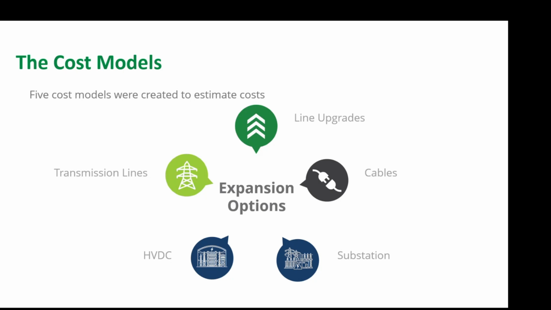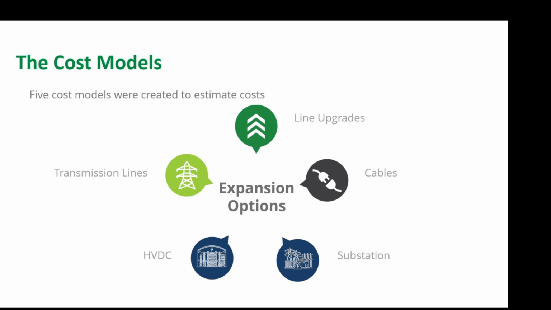There's also a model we've got for underground and subsea cables, which is super important for our understanding of the cost of transmission through highly populated areas like Auckland or through the Cook Strait. Additionally, we've got a model for substations, which are the connection points in the network where lines come together and voltage gets transformed from our higher voltage transmission network to our distribution network.